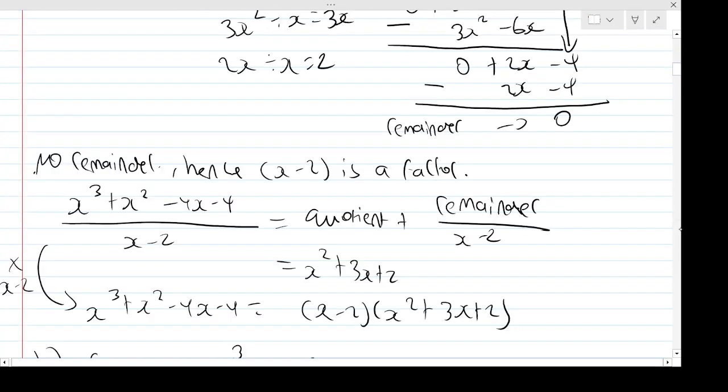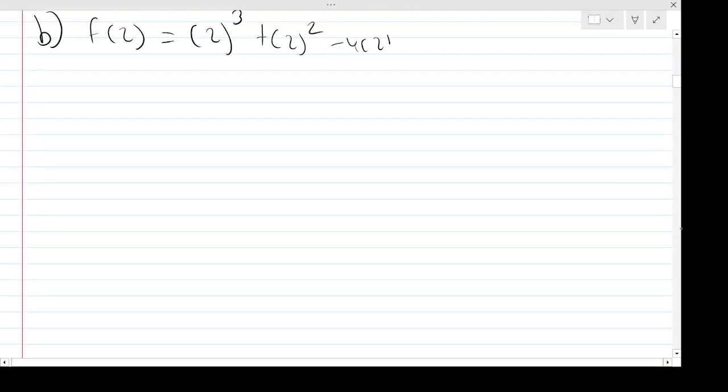Minus 4x minus 4, so minus 4 lots of 2, minus 4. If you put that into a calculator, you indeed get 0. There we are. So that means f of 2 equals 0.